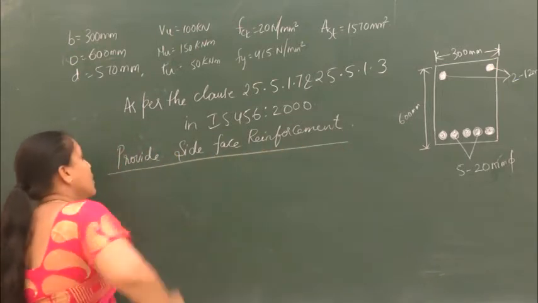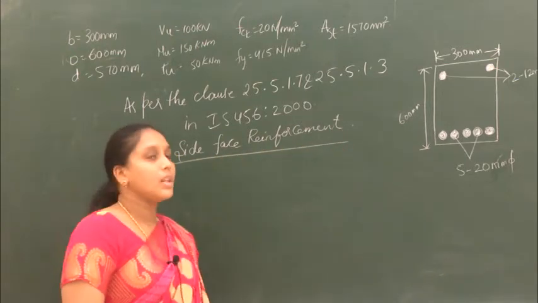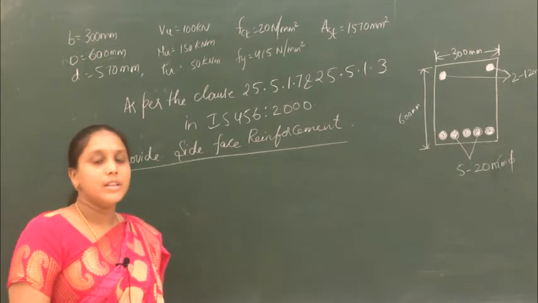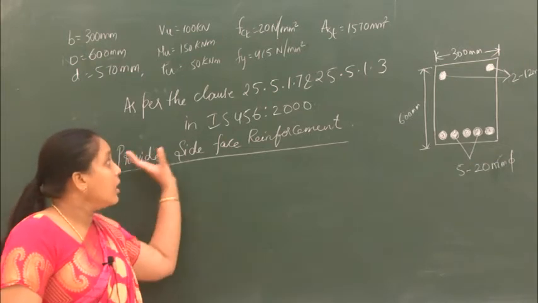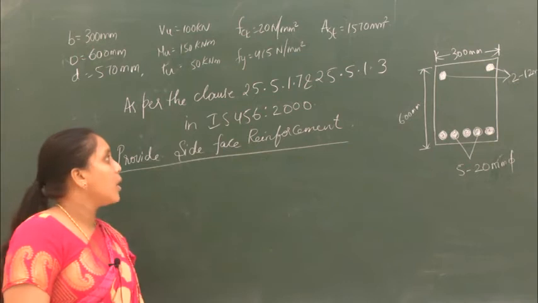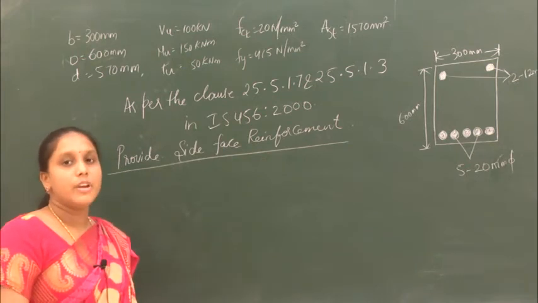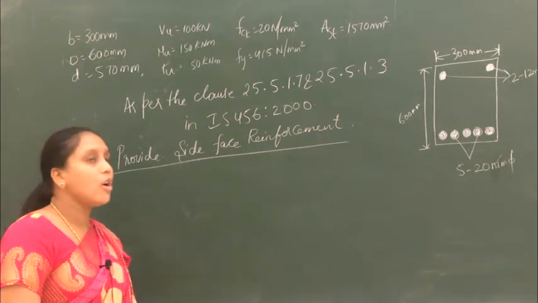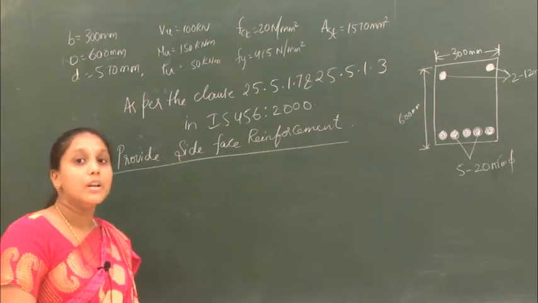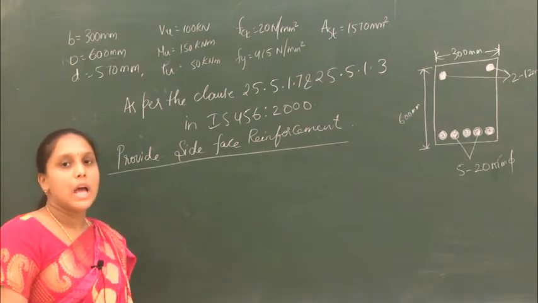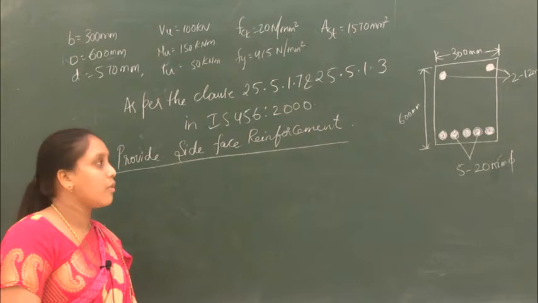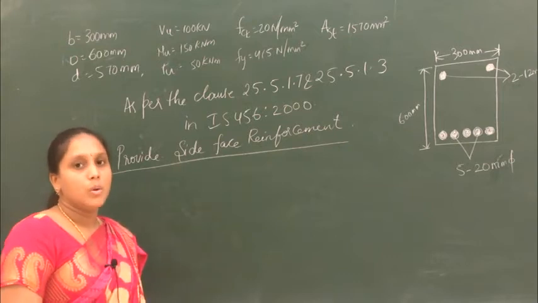So now let us design the side face reinforcement. As per this clause, the area of the side face reinforcement should not be less than 0.1% of the area of the web.